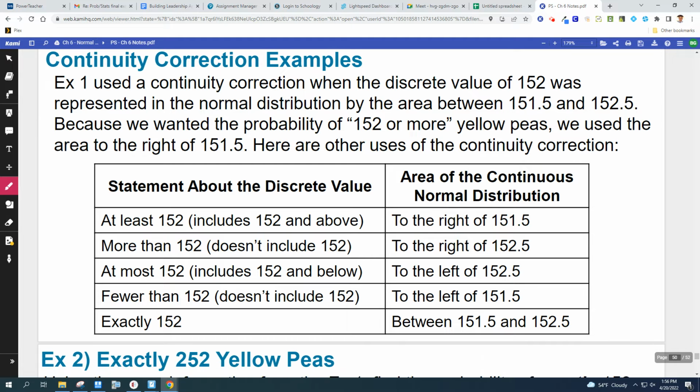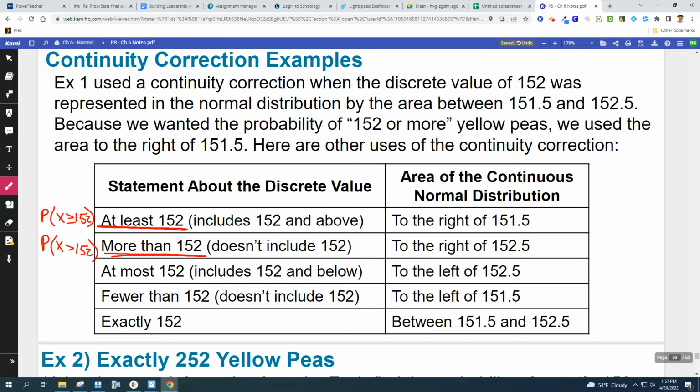Okay, so here's everything that could have happened in that problem. When they say at least 152, that's what we just did. We wanted greater than or equal to 152. But there are other things that could happen. If they want more than 152, then you take out the equal sign.